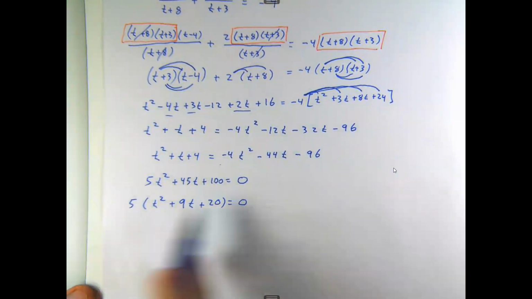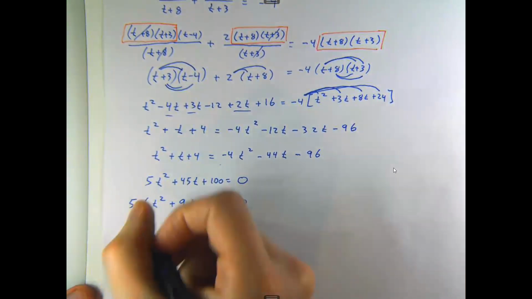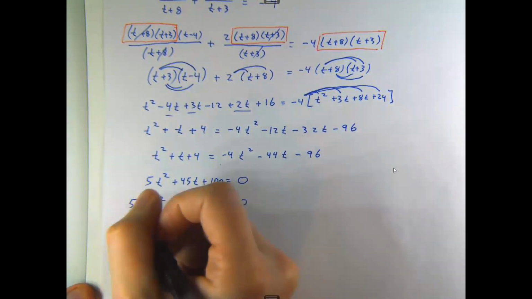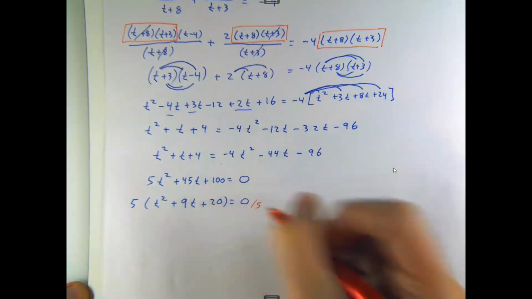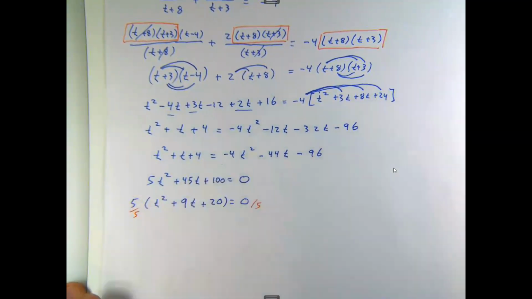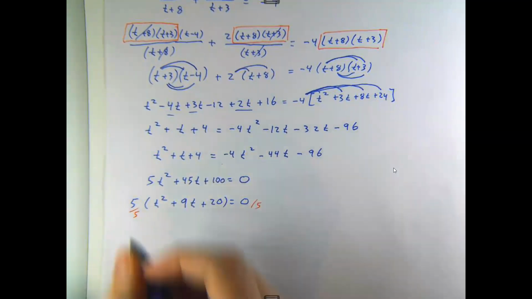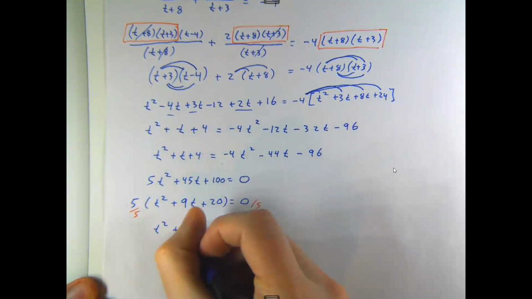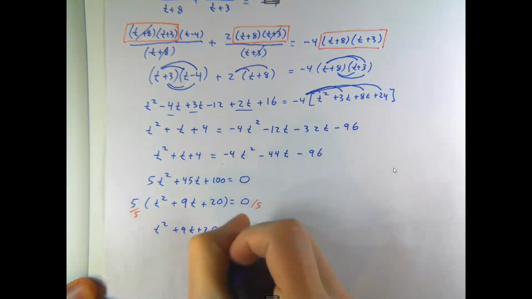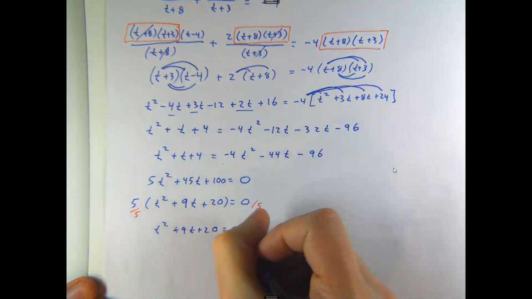I'm going to divide both sides by 5. Dividing 0 by 5 is still just going to be 0. So dividing this by 5 cancels. 5 leaves me with t squared plus 9t plus 20 equals 0 over 5, or just 0.